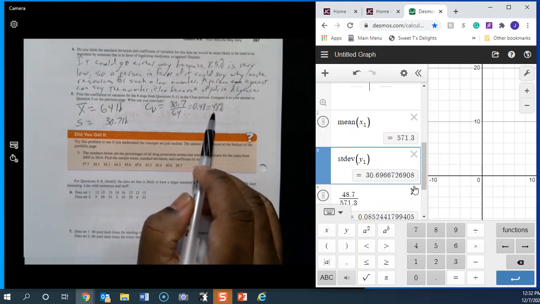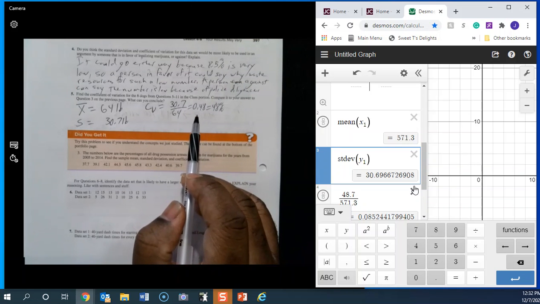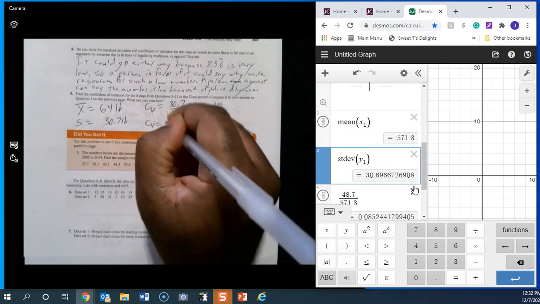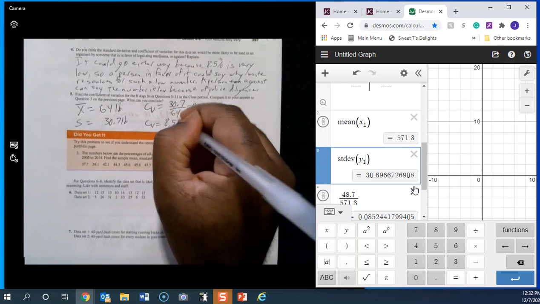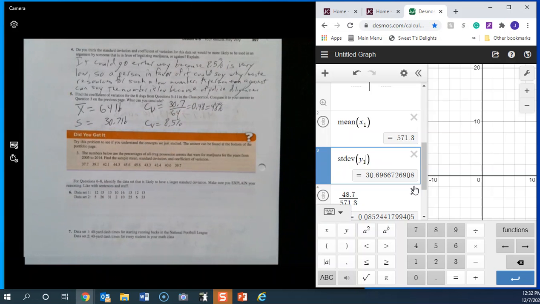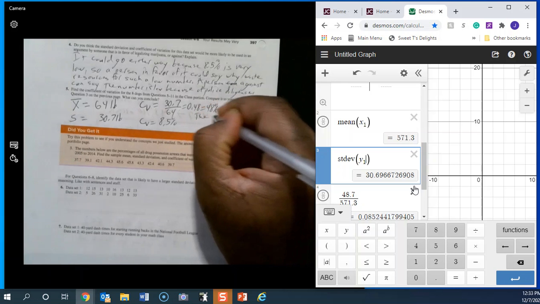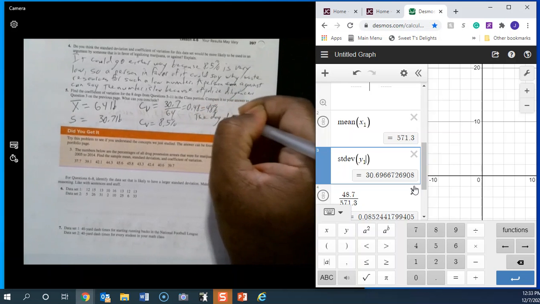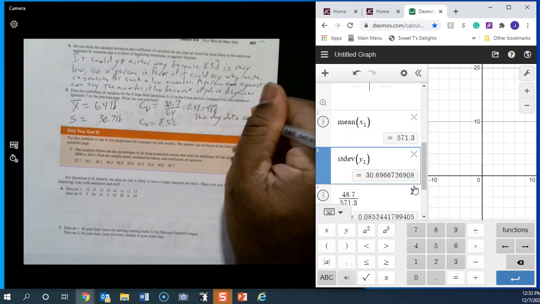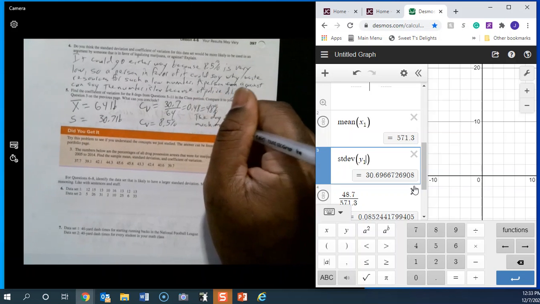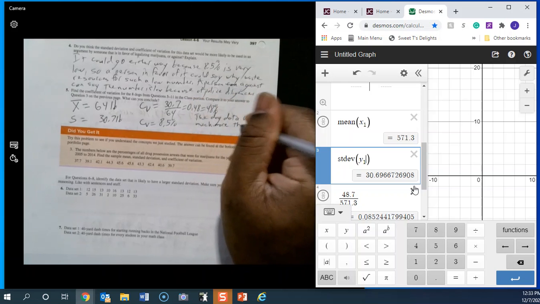So we have this answer here, which is 48%, and it says compare it to the answer from question 3. Now remember, question 3, the coefficient of variation, I'll write that here, was 8.5%. So basically we could say the dog data varies much more than marijuana arrests.